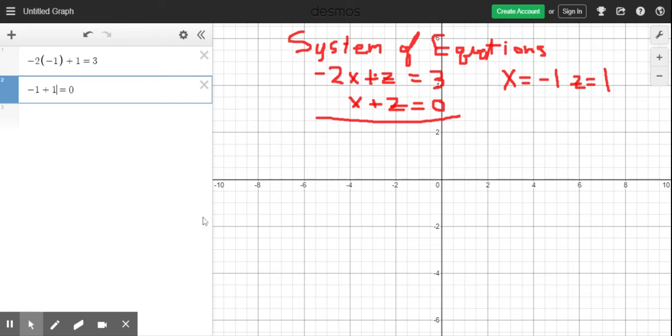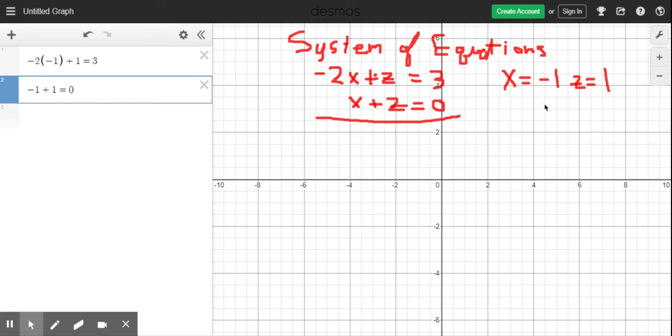Okay, now, what if we didn't have Desmos to do the graphing? Or what if our graph was giving us a decimal, but we needed an exact answer? So say it's a decimal that's an irrational or something. So let's go ahead and solve this using a process called elimination.